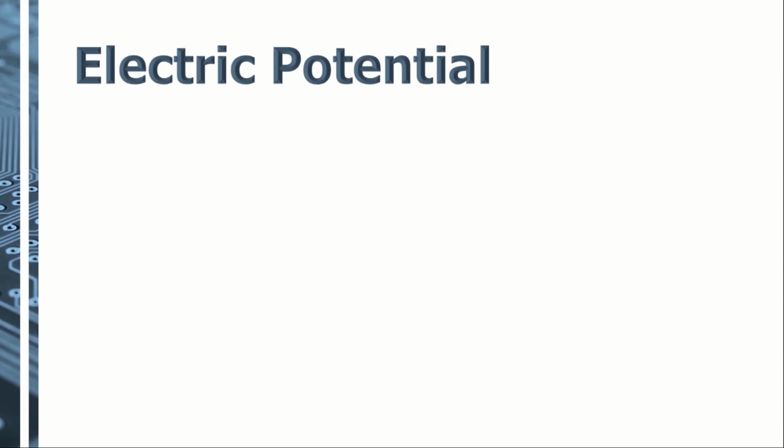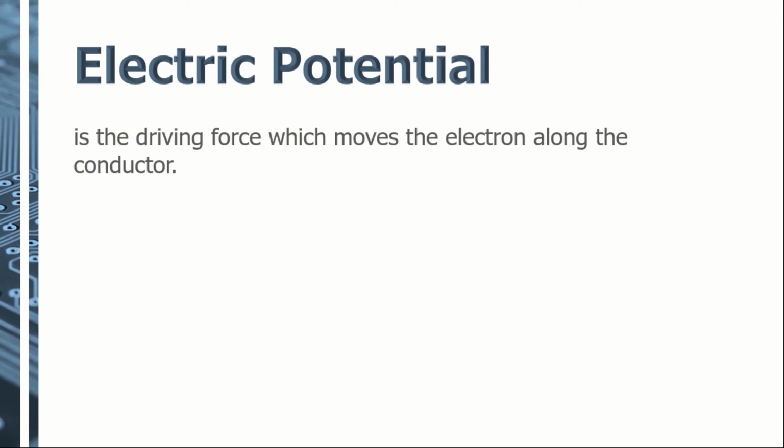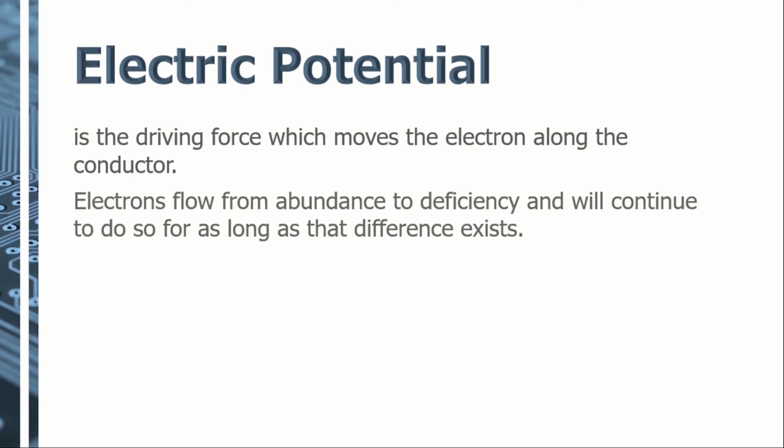The next one is the electric potential. Electric potential is a driving force which moves the electrons along the conductor. Electrons flow from abundance to deficiency and will continue to do so as long as that difference exists.